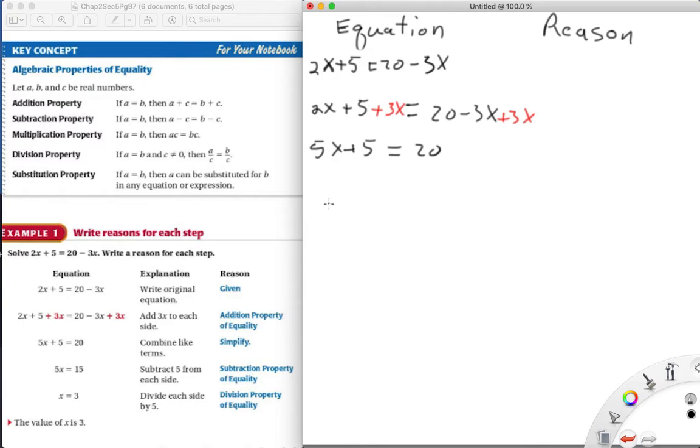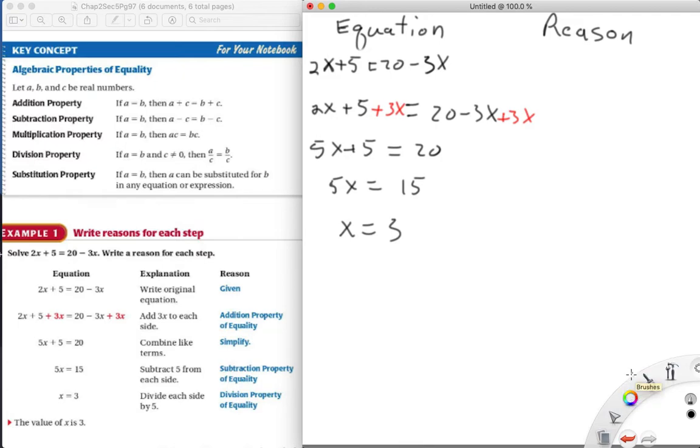Then we can say 5x is equal to 15. Then we can say x is equal to 3. Right, stuff we know how to do.